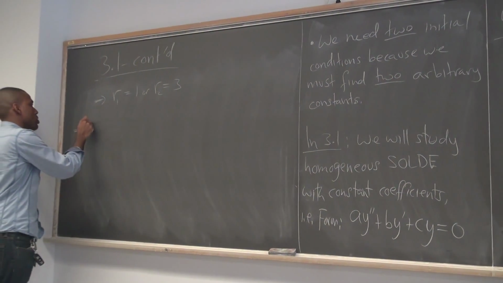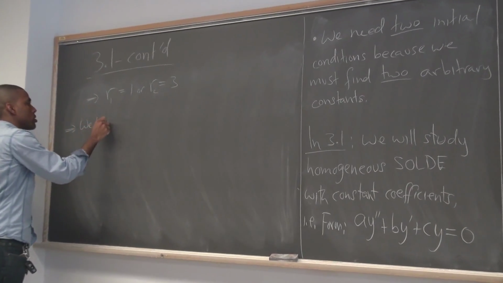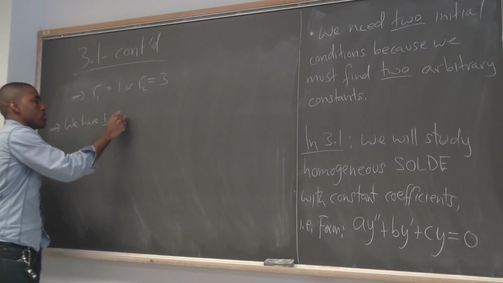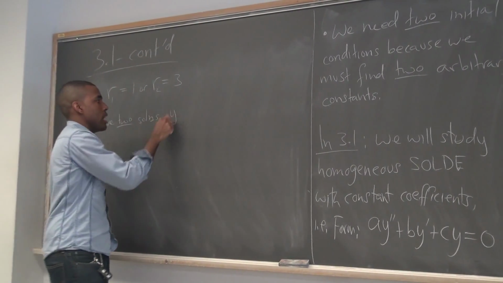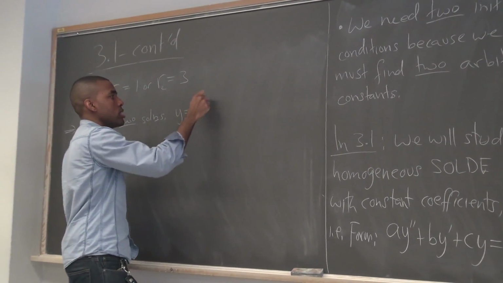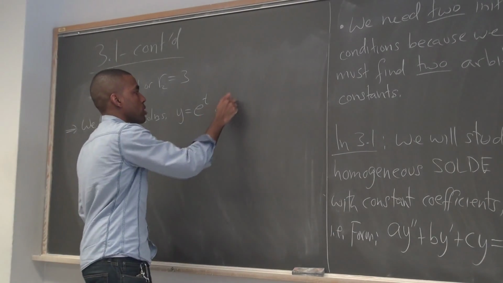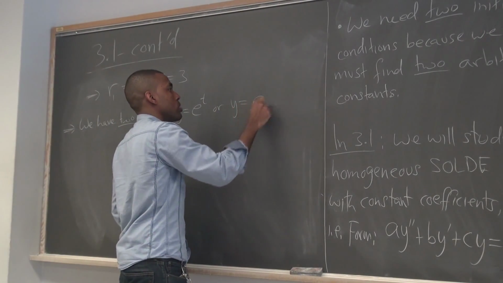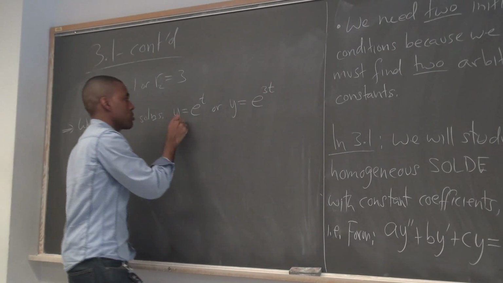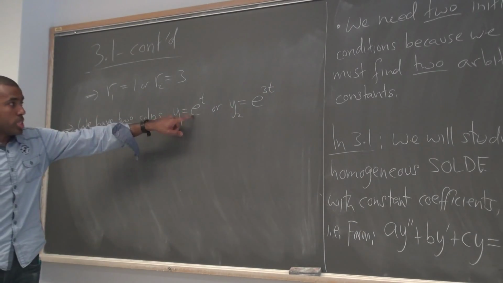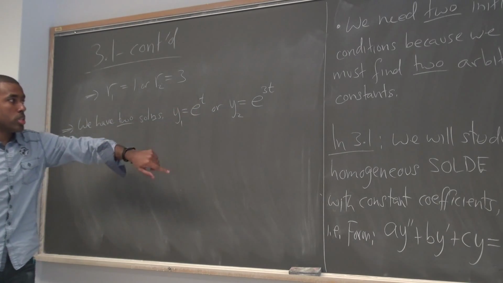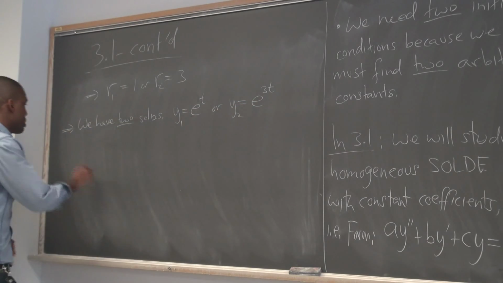This means we have two solutions. I just want to emphasize what we've been writing about before. Either y is equal to e to the 1t, or y is equal to e to the 3t, because I just solved for my r, and I assumed it was e to the rt, so it's either e to the 1t or e to the 3t.